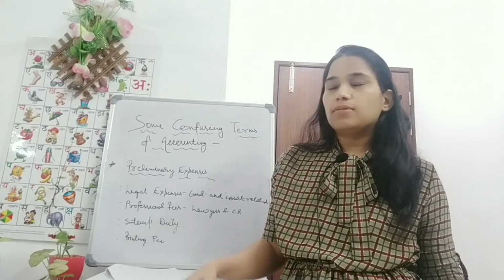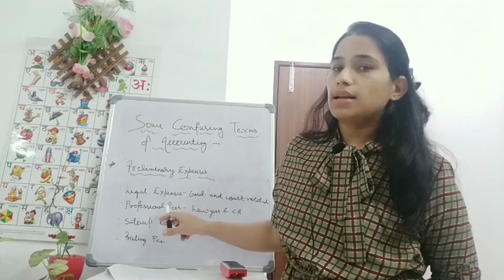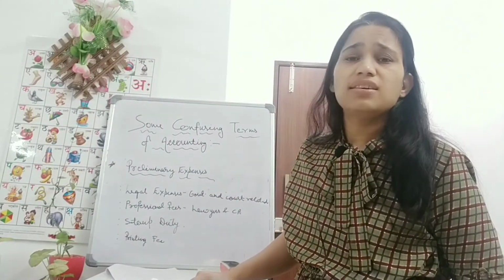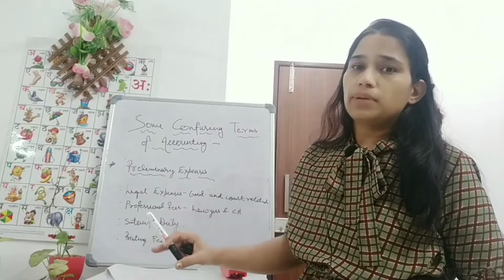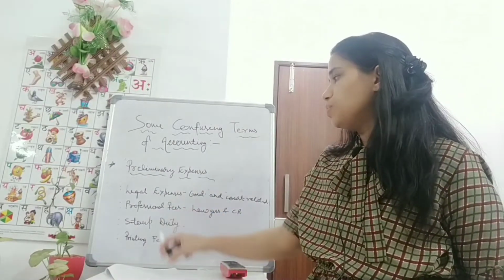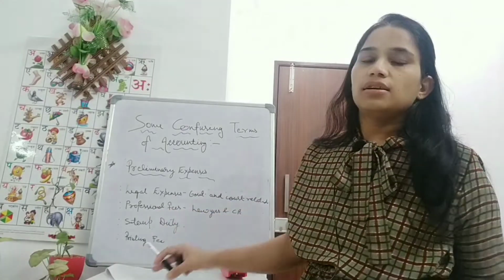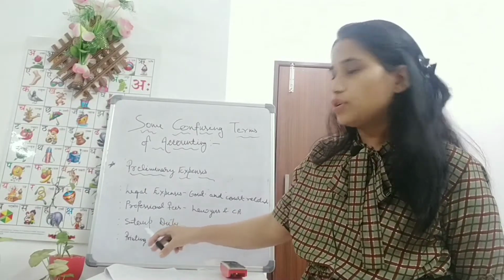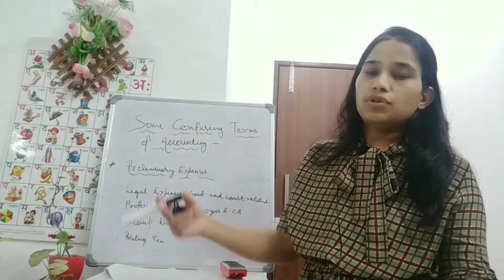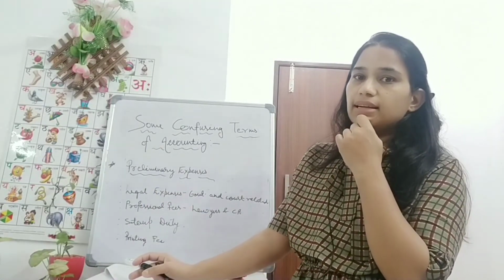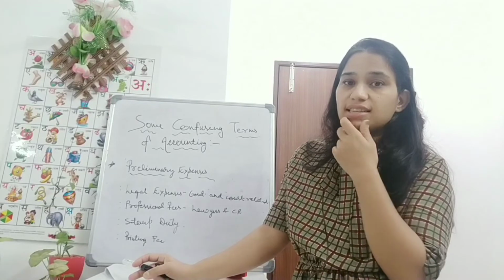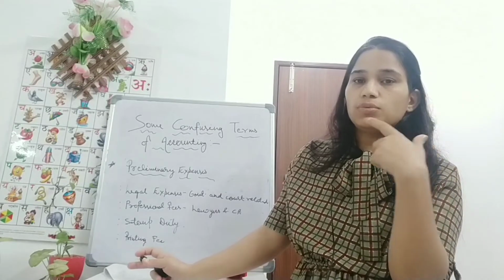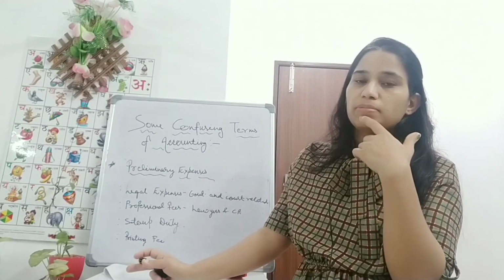Just like legal expenses, like government and court related expenses, because the company needs to do the registration and there are so many formalities which a company needs to do; professional fees, like the company needs to pay the lawyer and the CAs; stamp duty for the registration purpose; printing fee for the company's memorandum; and there are a lot of things, we will discuss it in some other video, the whole process that the company needs to go through, printing their memorandum for registration purpose, and many other things.